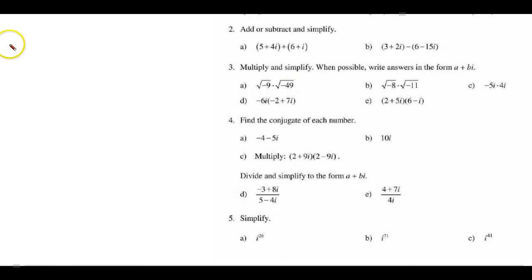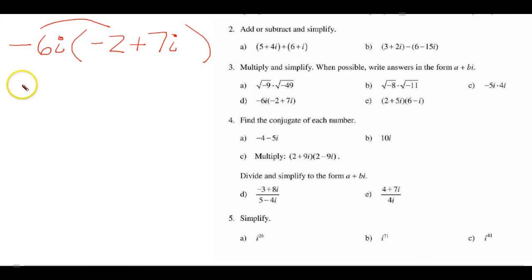Now here we have a negative 6i times a negative 2 plus 7i. We're in a sense multiplying a monomial by a binomial. So we just distribute. This will be a positive 12i.